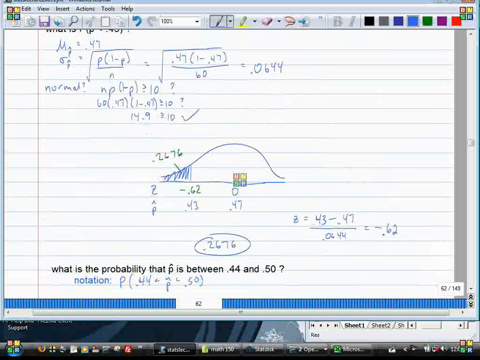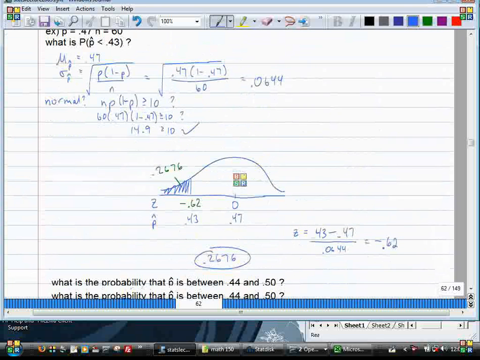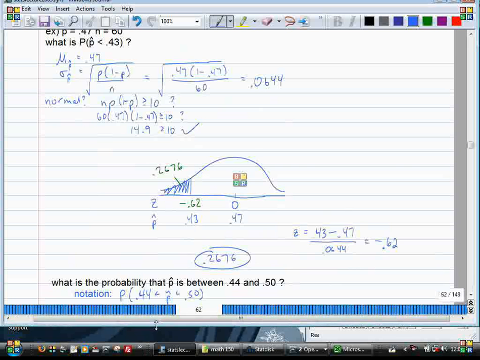So now what do we do? This is an extension of the same problem, so let's just say we've already done all those things. So what's the next thing that we do? Draw a picture.